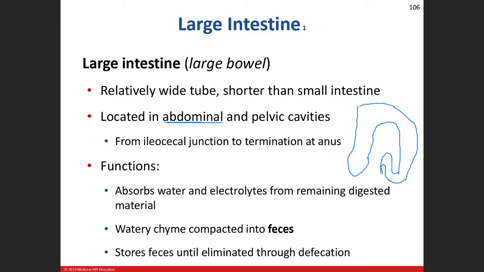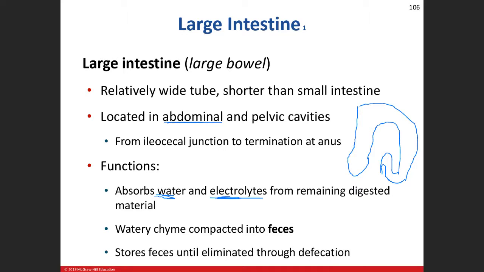We're going to still see a lot of absorption here, including absorption of water. The majority of the water gets absorbed in the small intestine, depending on your water intake, I believe anywhere from 8 to 9 liters a day. It's a pretty decent amount. We're going to still absorb the electrolytes here.